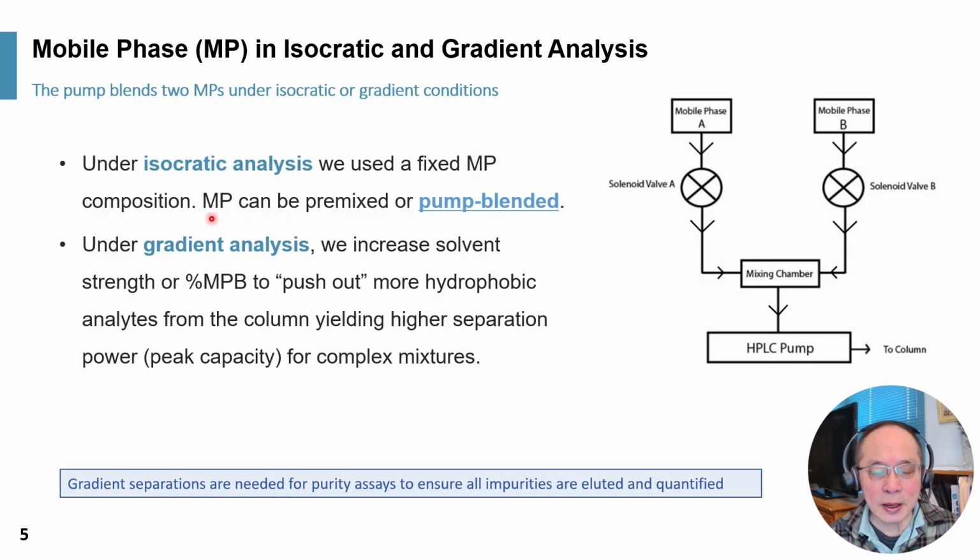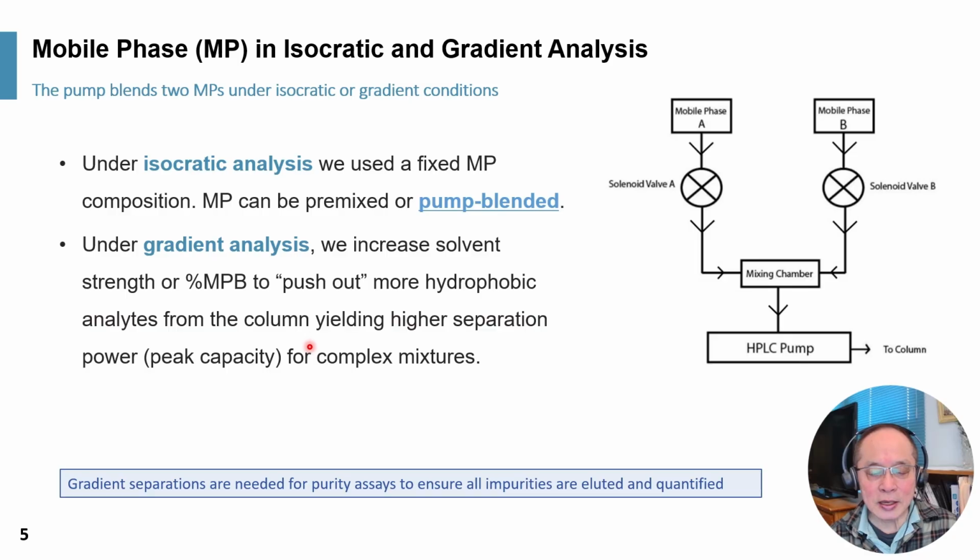We can do it by premixing the mobile phase offline, or preferably using the pump to blend A and B. Under gradient condition, we gradually increase solvent strength, or the percentage of mobile phase B, the strong solvent, in order to push out more hydrophobic analytes from the hydrophobic stationary phase column.